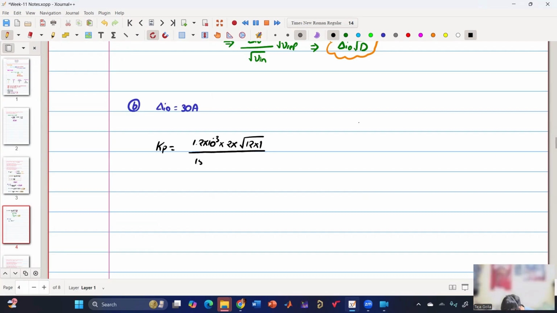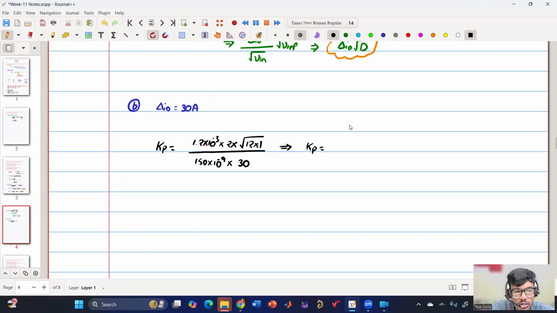L is 150 nanohenry, I naught is 30 amperes. So let me check how much I'm getting. 1.2 into 10 to the power minus 3 into 2 into root 1 by 1 into 10 to the power minus 9 into 30. So I'm getting 1.8 into 10 to the power 3.